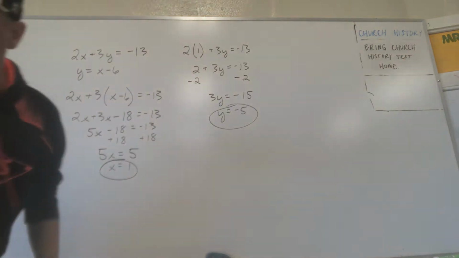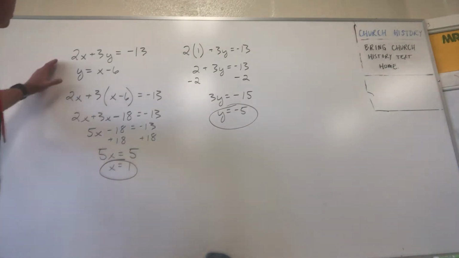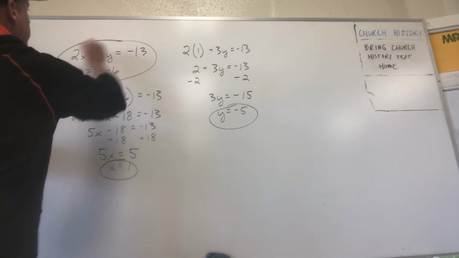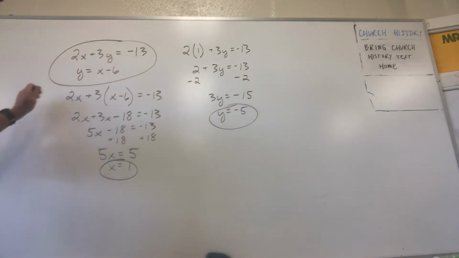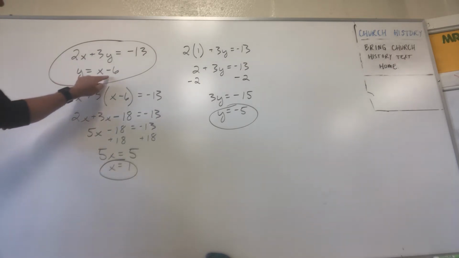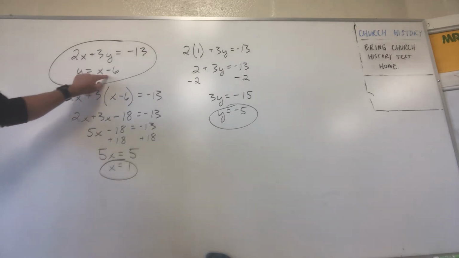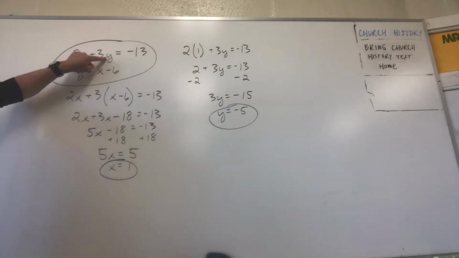I wrote down on the board an example of the substitution method where we were given these simultaneous equations: 2x plus 3y equals negative 13 and y equals x minus 6. So we substituted y equals x minus 6 where y was.